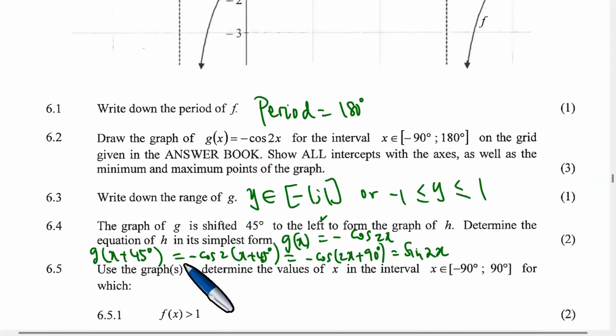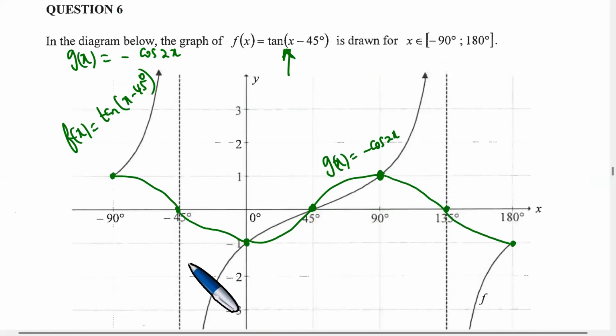F is strictly bigger than 1. You'd agree with me that it's strictly bigger than 1 when the f function, which is the tangent function, is above 1. So it is, for instance, bigger than 1 from -90 degrees to -45 degrees.